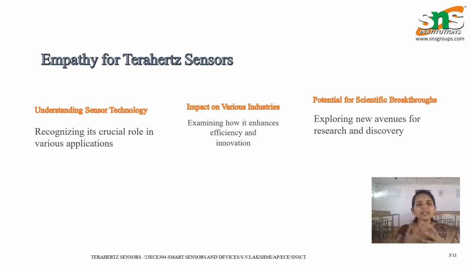So now, understanding the terahertz sensors, we have to understand the sensor technology and how it plays a role in various applications. What happens is a terahertz source will generate this terahertz radiation, which is non-ionizing. For this, they make use of an antenna, a laser or frequency multipliers.